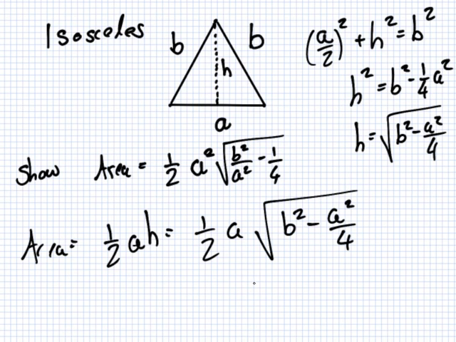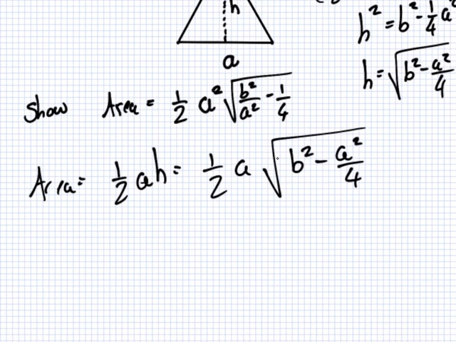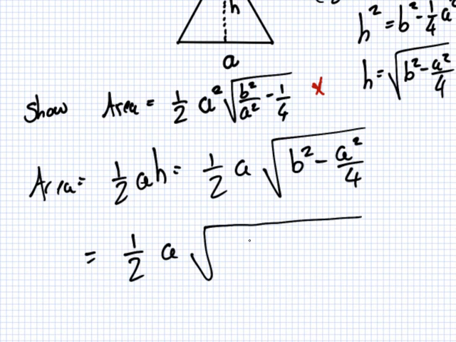Okay, so what I'm going to do next, I'm trying to get to this. I'm not too far away, I nearly have it, but there are some things I need to do to get there. So I'll take out here an a squared. So this is b squared over a squared minus 1 over 4.